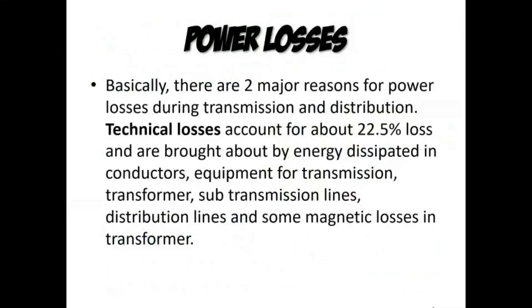And then next po, yung power losses. Basically, there are two major reasons for power losses during transmission and distribution. Technical losses account for about 22.5% loss and are brought about by energy dissipated in conductors, equipment for transmission, transformers, sub-transmission lines, distribution lines, and some magnetic losses in transformer.